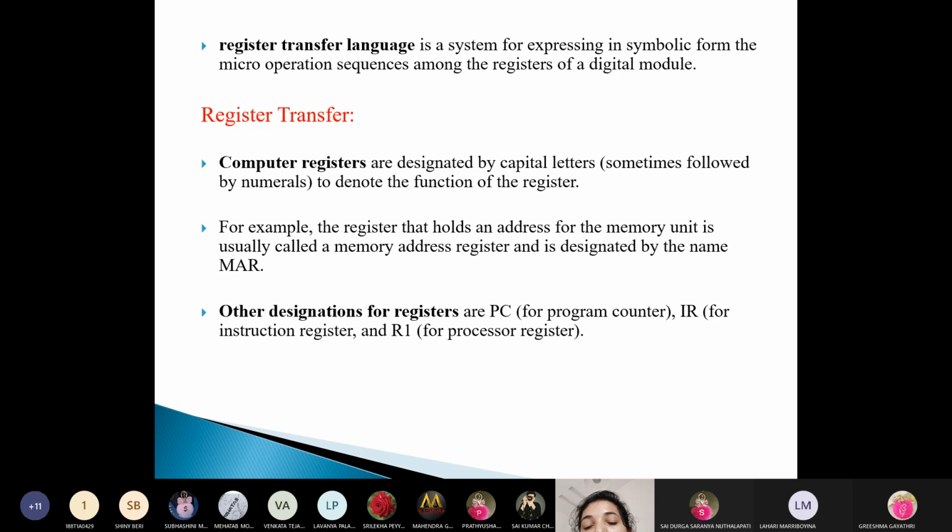In register transfer, we are going to represent how we are using the registers. So this is the diagram.